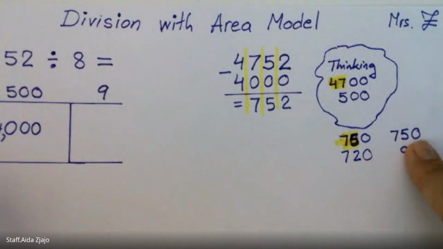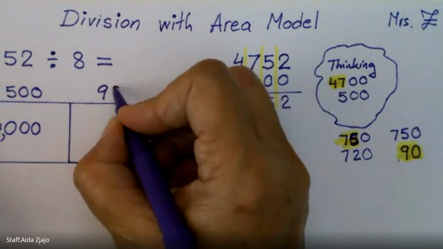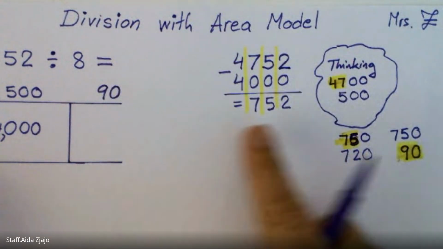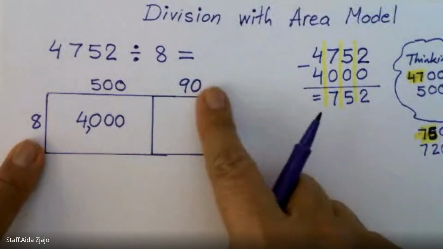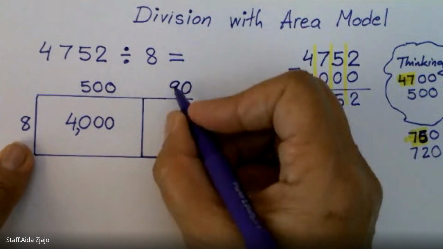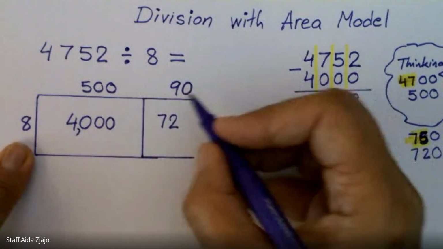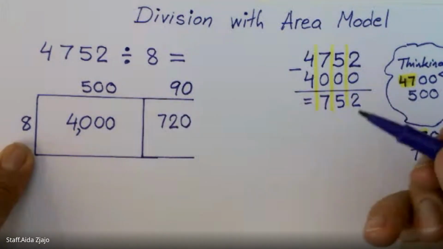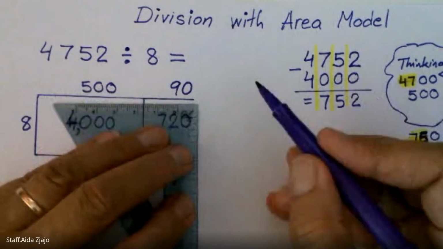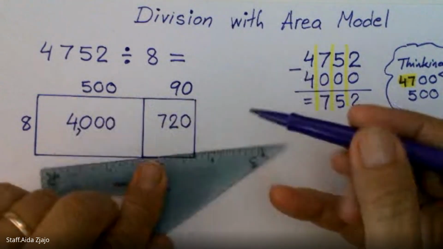But you need to get close to 750, so you need to add that 0. So that's what really gives you 8 times 90. 8 times 90 is 720. So 8 times 9 is 72, and then times 10 is 720. So I can close this area now.